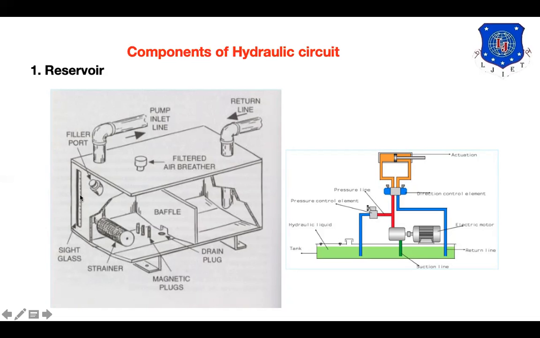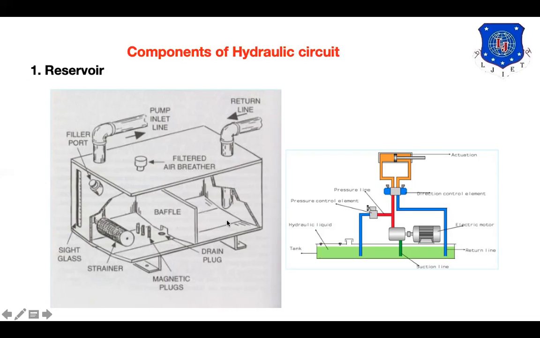This side glass indicates the level of working fluid in the reservoir. And the function of this baffle plate is to provide a long path to the returning fluid. See, this is a returning line and this is a line which goes to the pump. So this baffle will not allow these two oils to mix up, right?